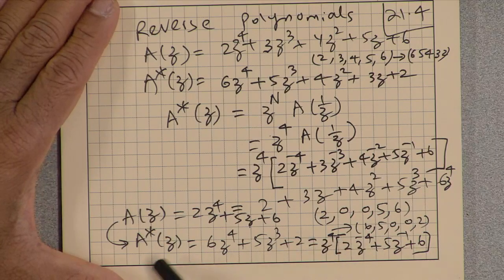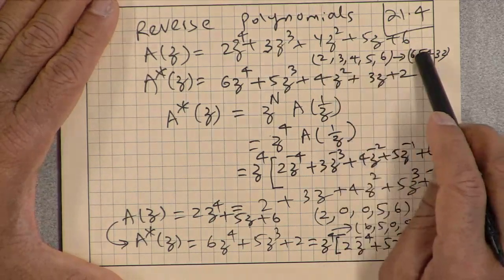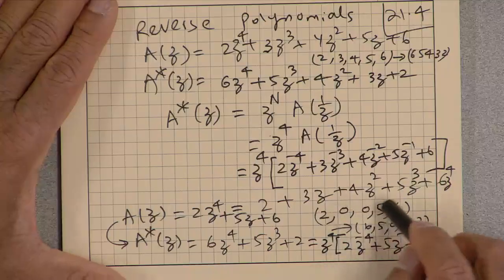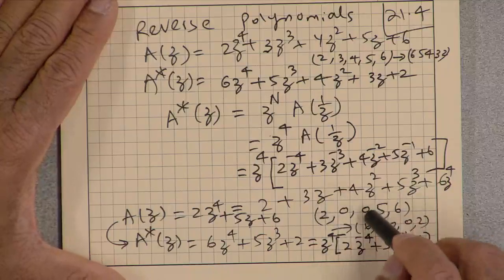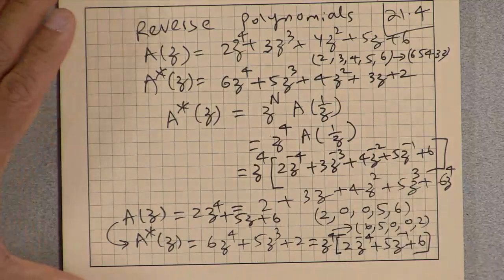So either way is okay. If you are following the manual method of reversing coefficients, make sure to include all the terms, even if some of the terms are absent. We need to include those coefficients as zeros.